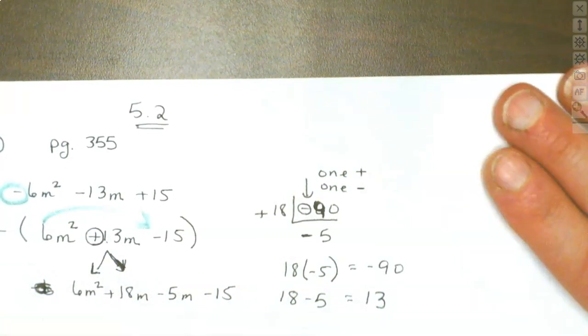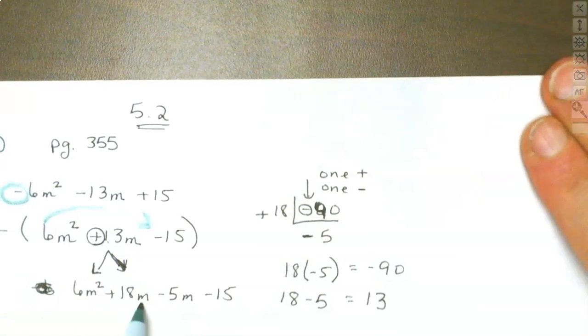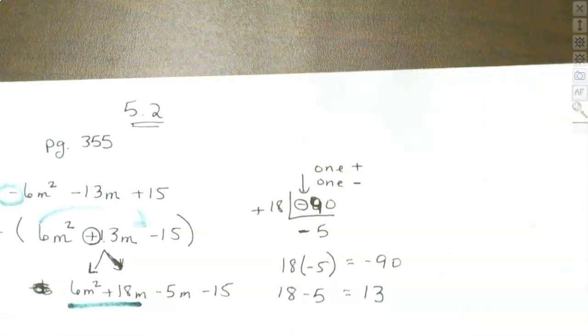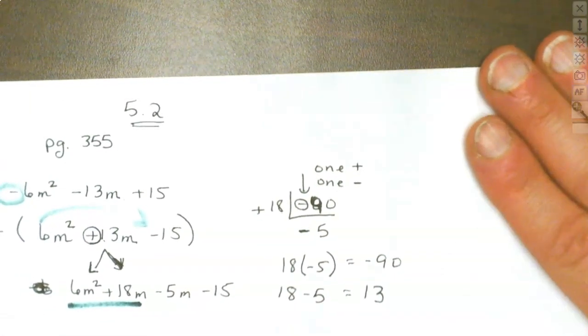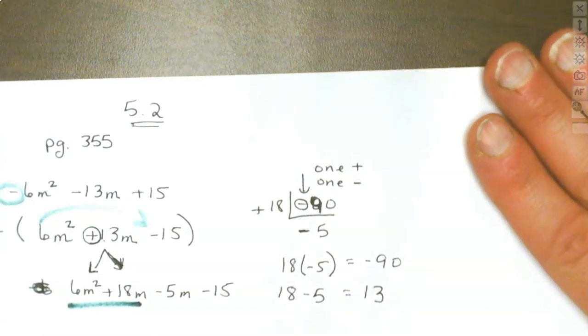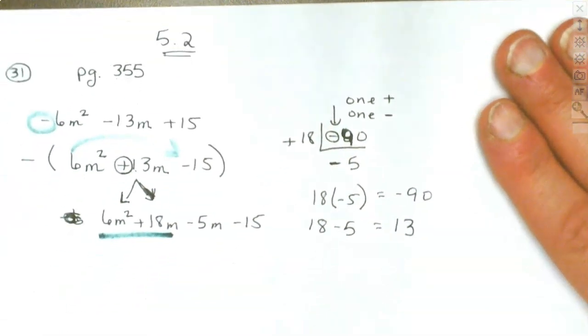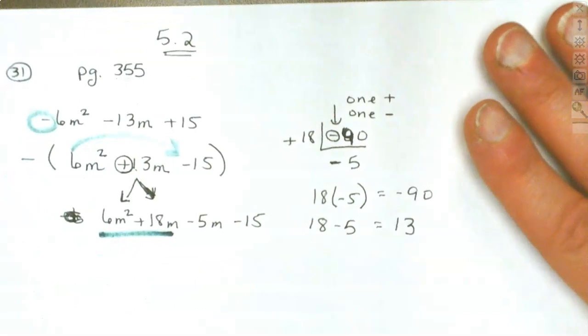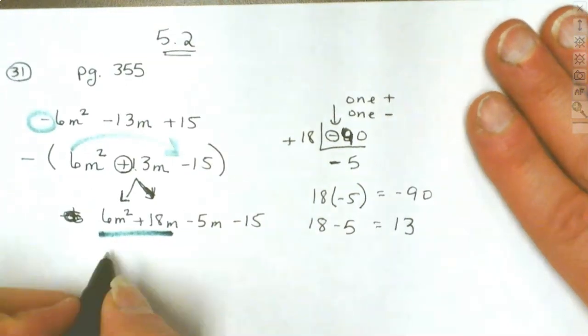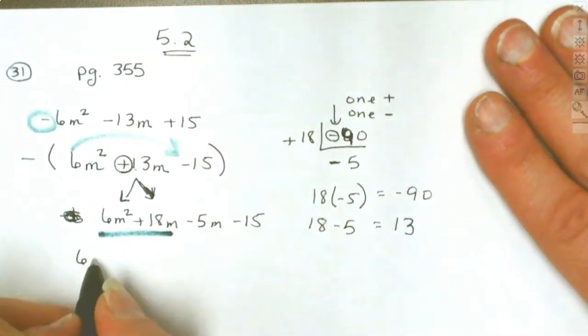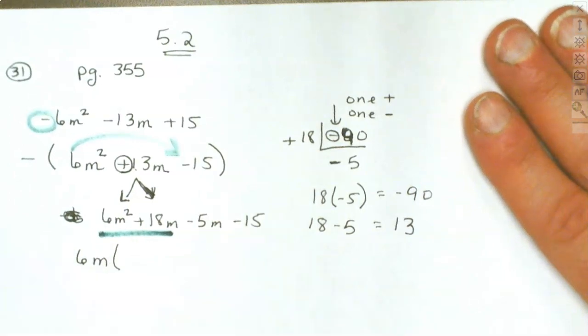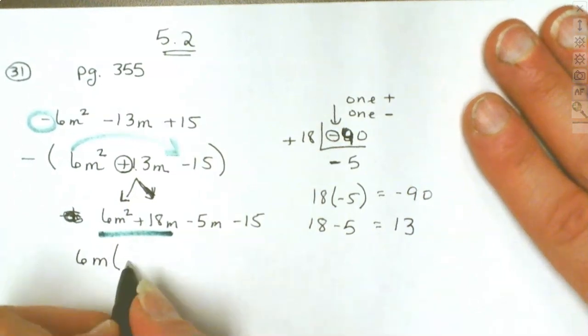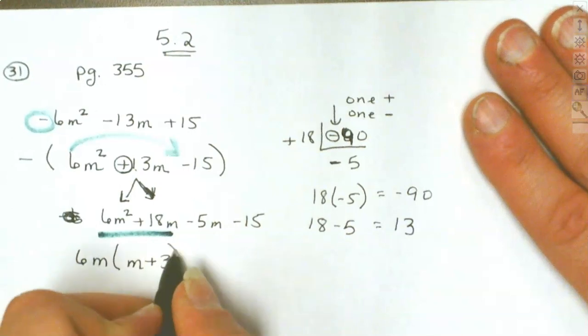Now what can we do? First two pieces, factor out. Can someone tell me what I can factor out of the first two pieces here? Yep, 6 and an m. So 6m is going to come out. That leaves you with an m plus 3.